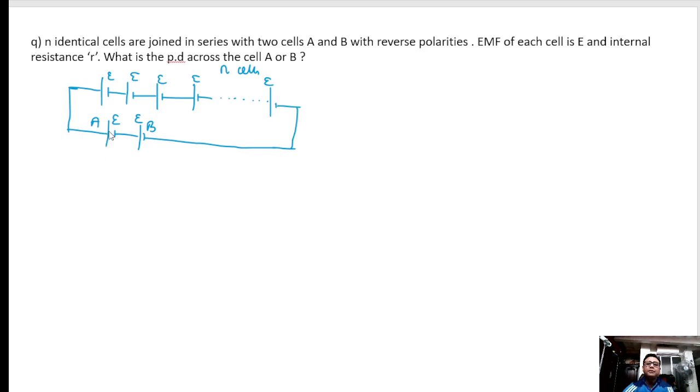What is the potential difference across the cell A or B? See, in the upper part the net EMF is how much? NE, and in the lower part the net EMF is how much? 2E. Since they are connected opposite, this is the net EMF. Now net resistance will be how much?